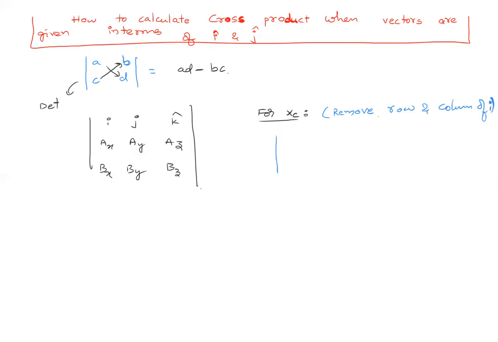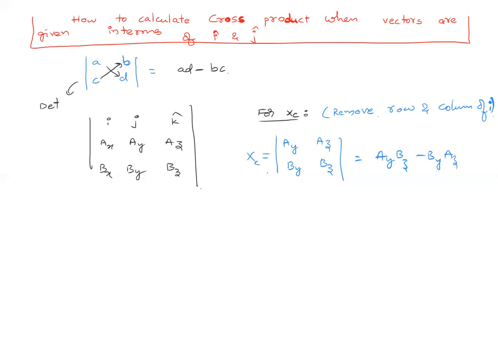You will get ay az, by bz. So your x component is ay bz minus by az.